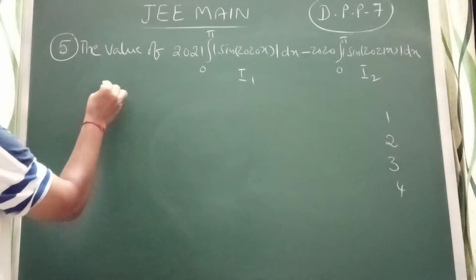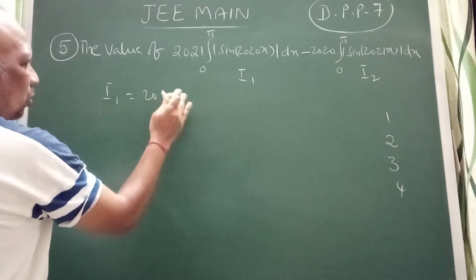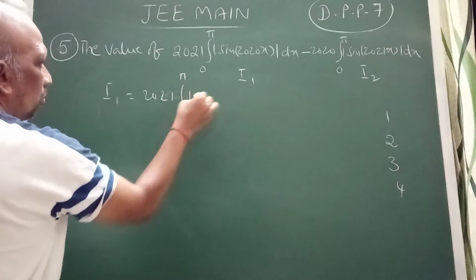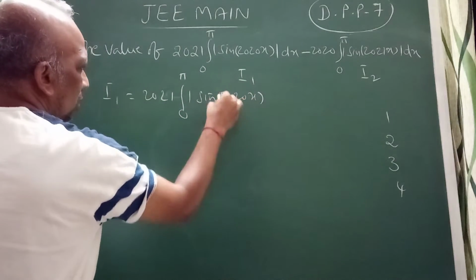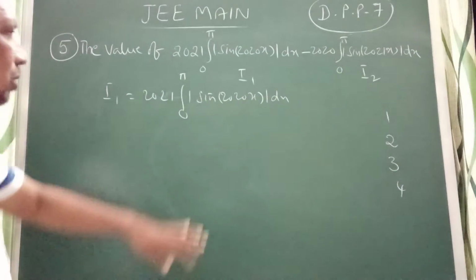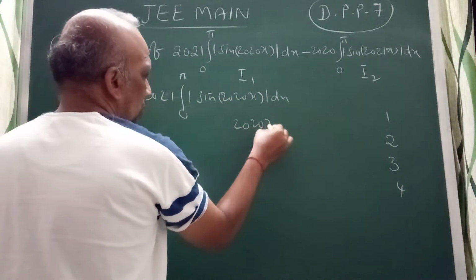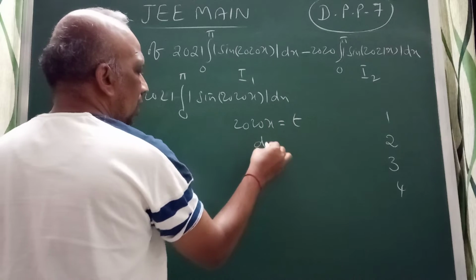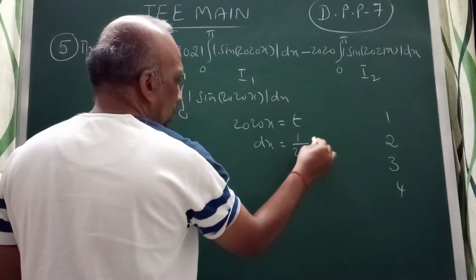Consider I1 is equal to 2021 times the integral from 0 to pi of mod sine of 2020x dx. Here you can take 2020x is equal to t. Then dx is equal to 1 by 2020 dt.